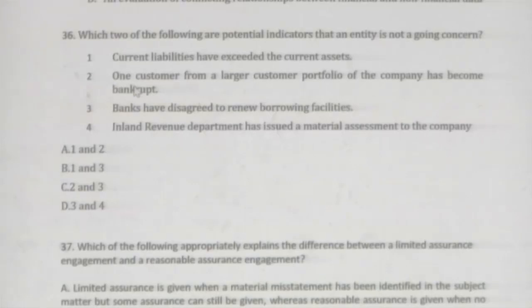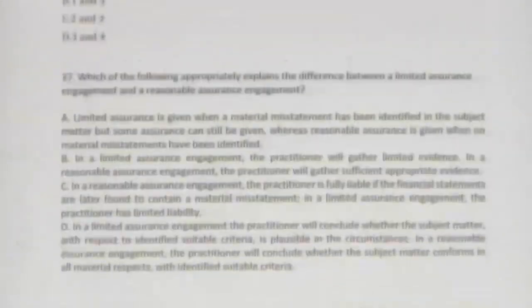No, that is not a problem. But if you look at the third one, banks have disagreed to, that is the problem. The bank is not giving us a loan, and then the tax department has issued an assessment asking for more taxes. So all points are relevant, but we can say the most relevant points are 1 and 3. Therefore, the answer is 1 and 3.